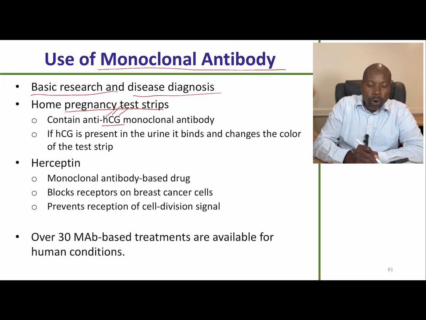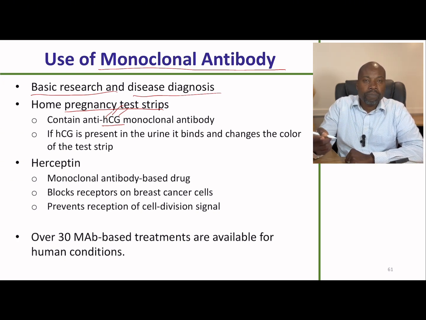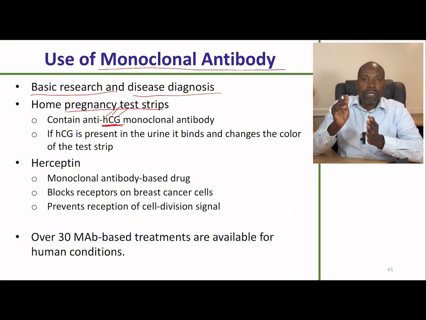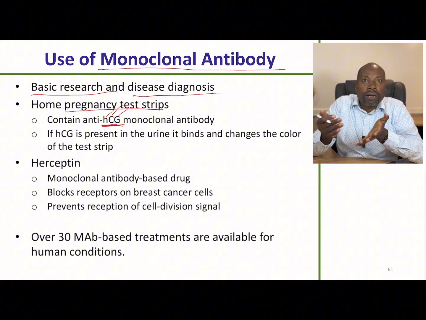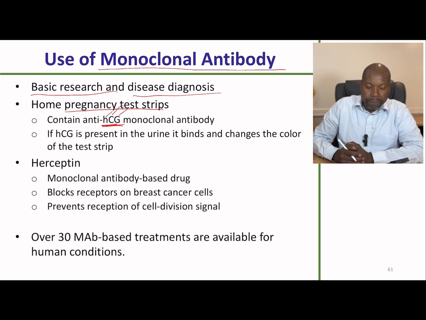This is a hormone that is produced in early stage of pregnancy. And when the HCG is present in the urine in presence of the monoclonal antibody, that is going to produce a color to show that, oh, the lady is pregnant, right?